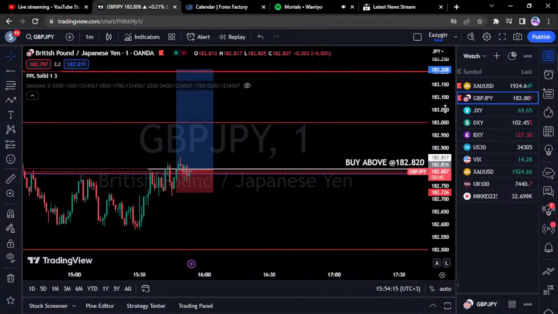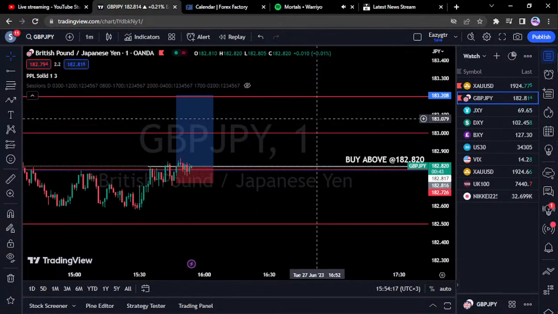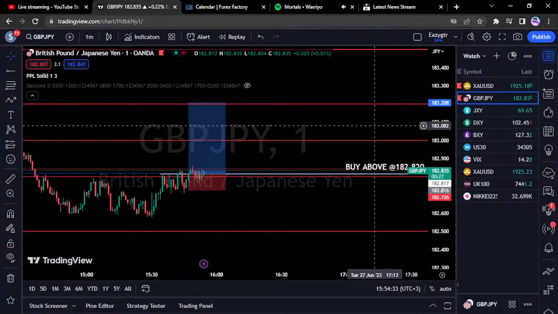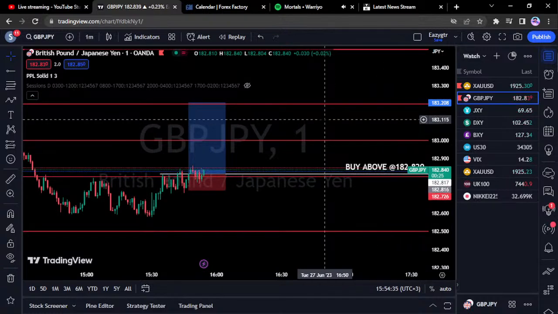So I think for this week we are already up around... So yesterday was Monday, we had 50 or 60 pips on gold, 50 pips on GJ, that was 110 pips, plus today's gold trade 50 pips, so we are up 160 pips.